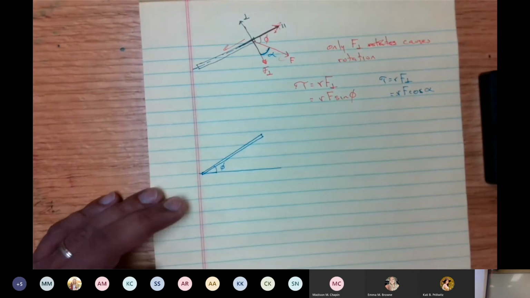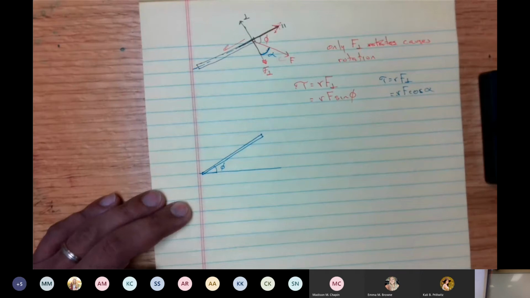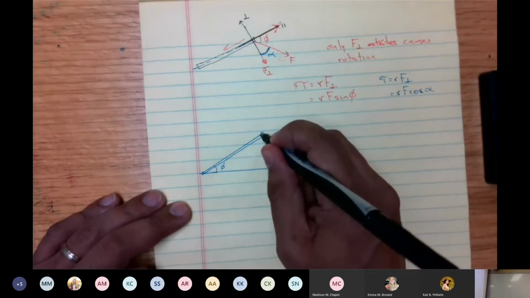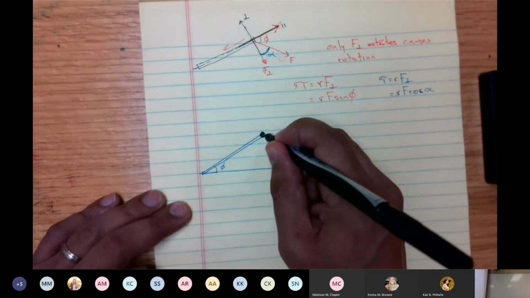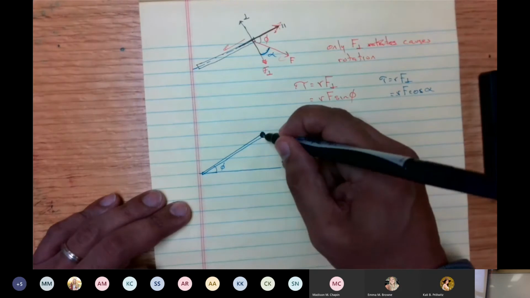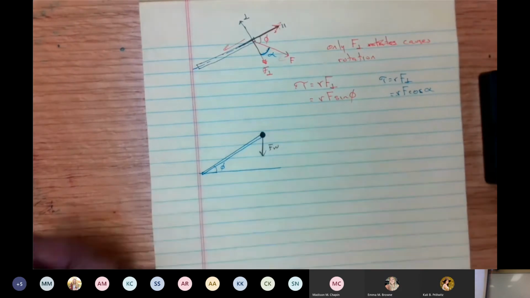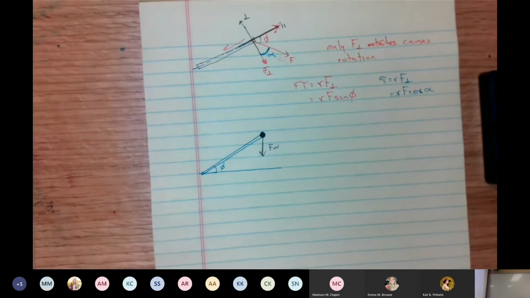And on my hand, I'm holding a dumbbell. And that dumbbell, well, it's gonna have a weight. And that weight is the one that is actually pulling my arm down in this case. It's gonna rotate clockwise.